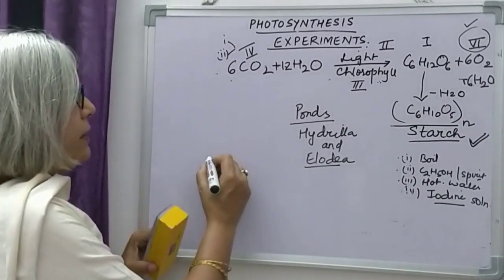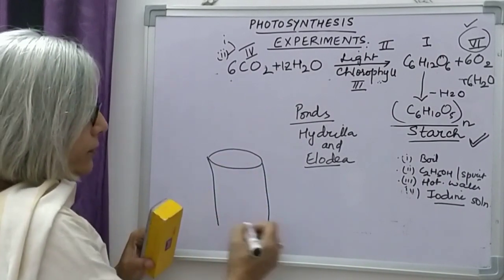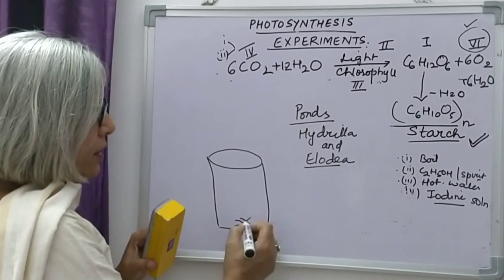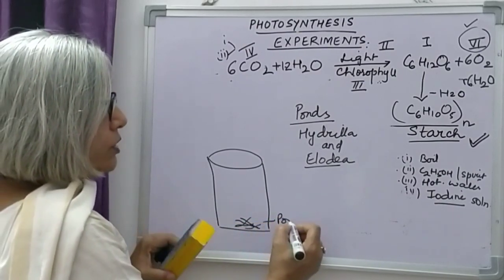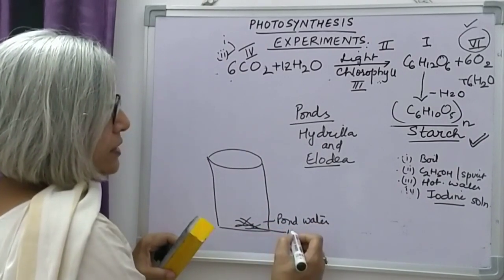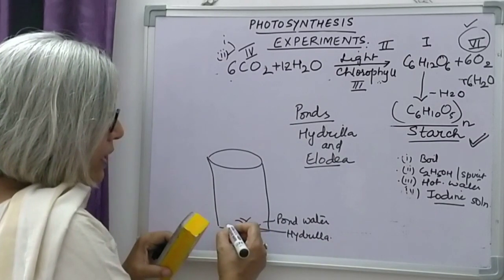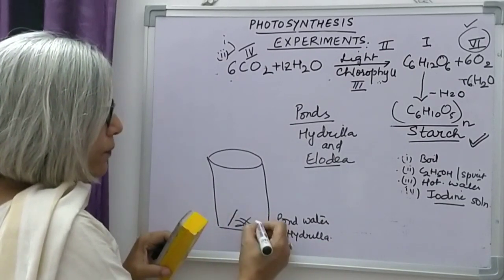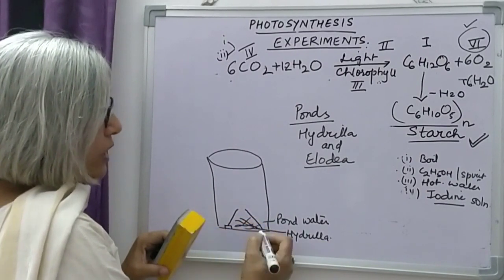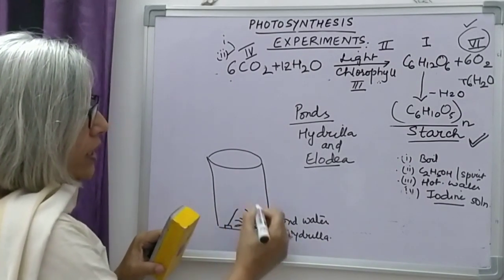We take a beaker full of pond water. Put Hydrilla plant in the beaker containing pond water. This is pond water. Suppose this is Hydrilla plant. Now we invert a funnel and we leave some gap here so that water can be circulated in the funnel.